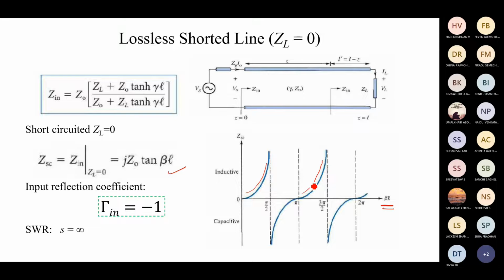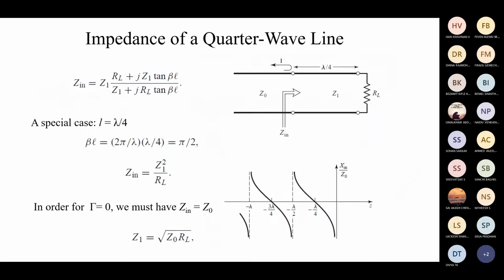This repetition property with respect to beta L corresponds to the frequency again, so with frequency you will also see such harmonics. We can notice such behavior here. For instance, with respect to Z or beta L, whichever it is, the reactance keeps on changing and the same behavior is repeating.